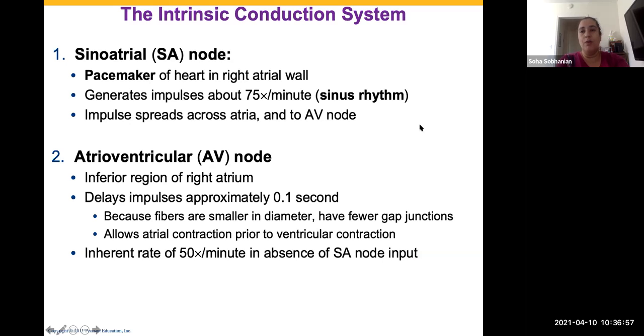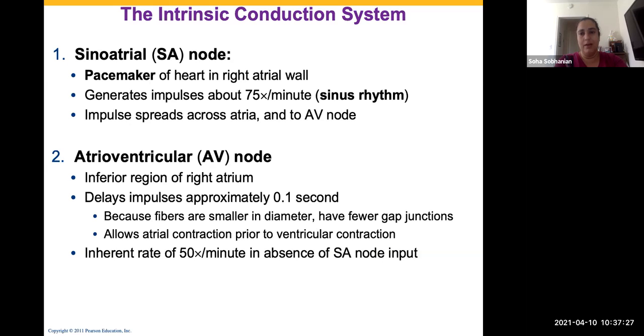So for whatever reason, if the SA node is not working, the responsibility of creating electrical impulses, I'm typing this in the chat box, falls on the AV node.